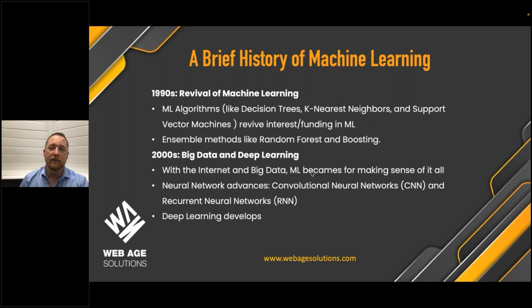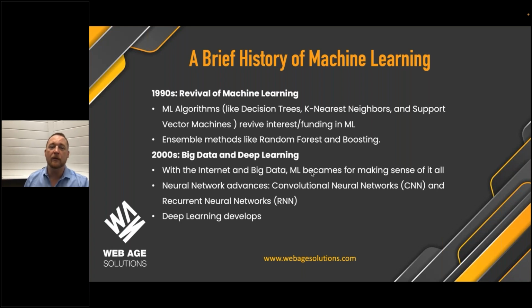The 90s saw a revival of machine learning algorithms, especially with developments and libraries coming out with decision trees, k-nearest neighbors, SVMs, which led to more interest and also more funding into machine learning. We also got some of our ensemble methods like random forest and boosting, and XGBoost came out a little bit later, but some of the tools that let us leverage multiple models and build something even bigger.